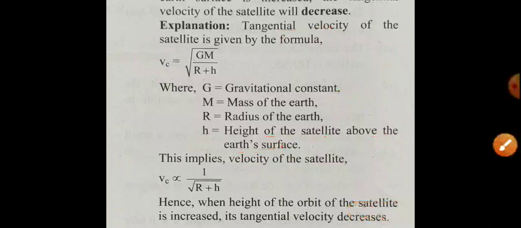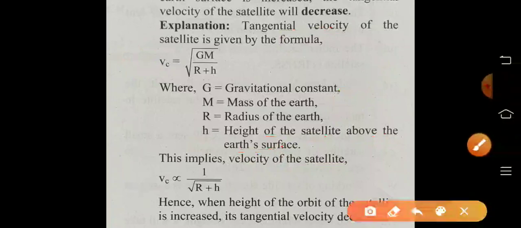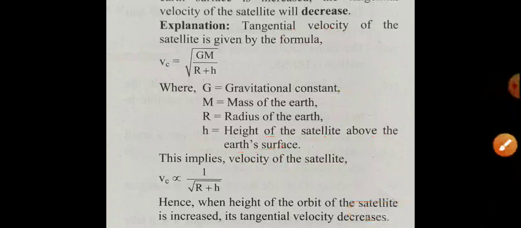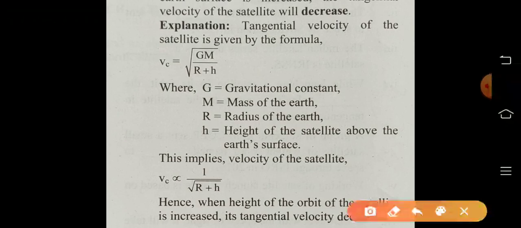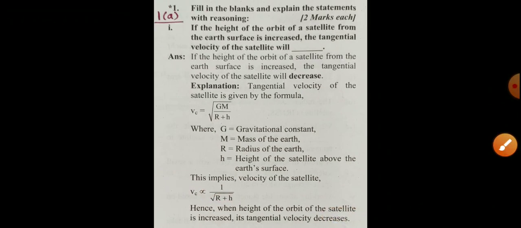Hence, when the height of the orbit of the satellite is increased, its tangential velocity decreases. Why does one term increase and the second decrease? Because both are inversely proportional to each other. This is the explanation of the first question.